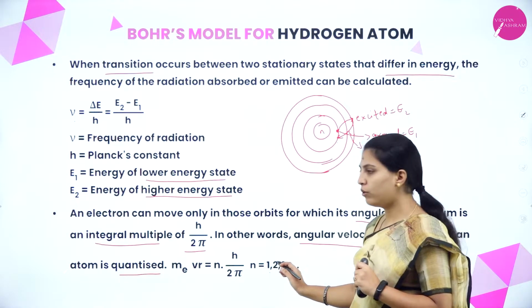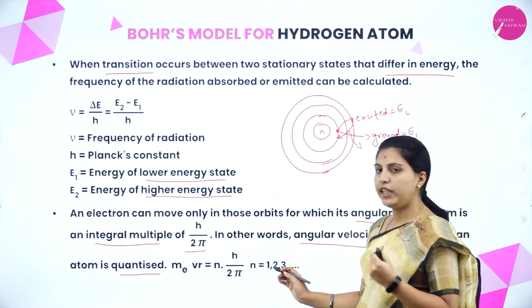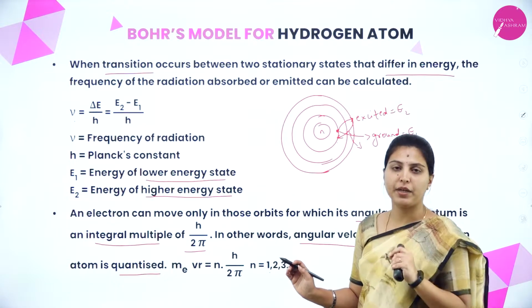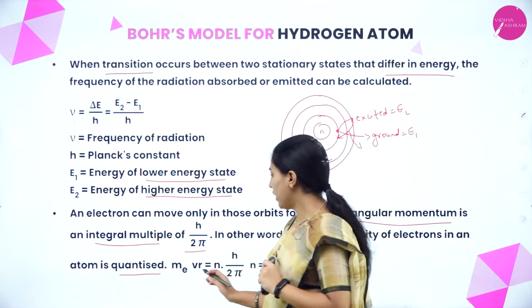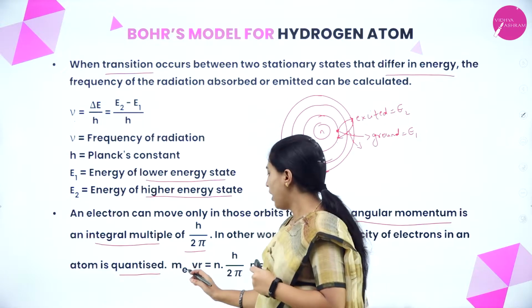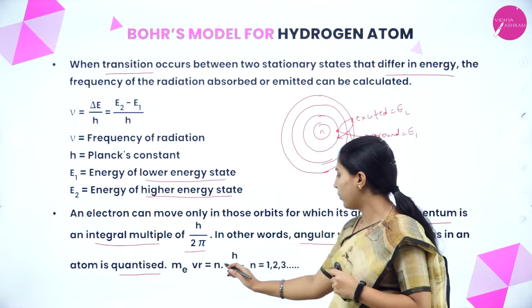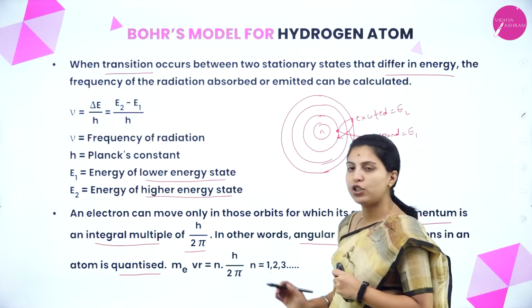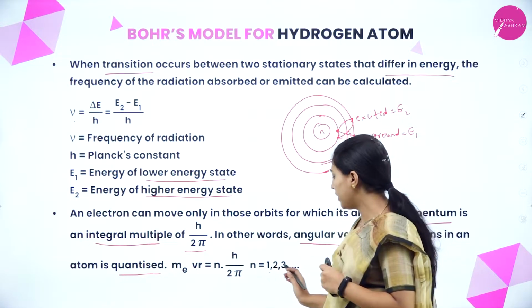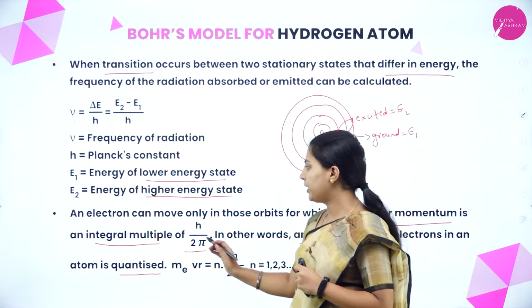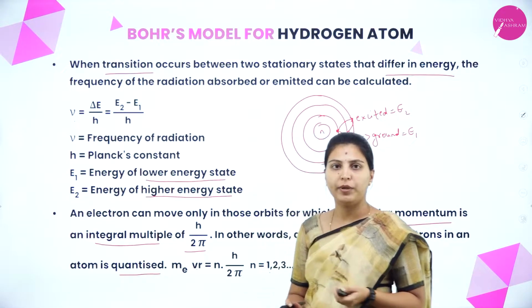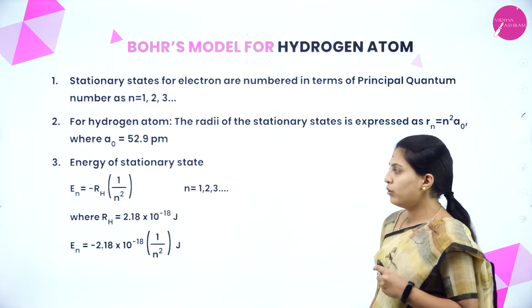In between 1 and 2 it will not be there, between 2 and 3 it will not be there. It is a definite number, a whole number. See here the equation: mass of electron times velocity times radius equals n h by 2 pi. Here n is an integer and h by 2 pi is the angular momentum. So, these are the first two postulates.